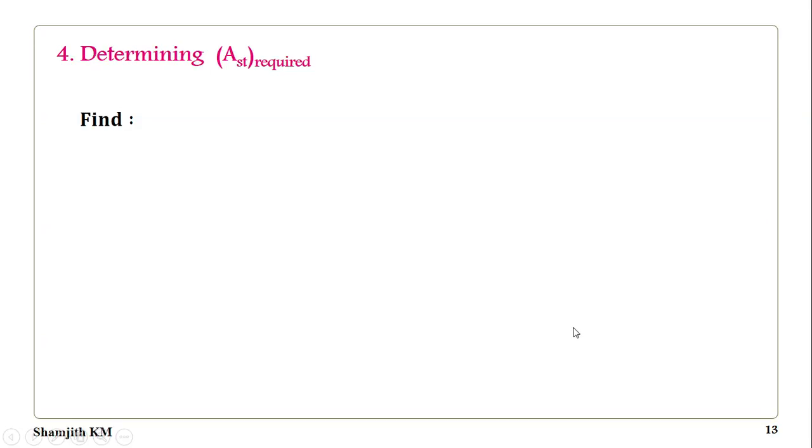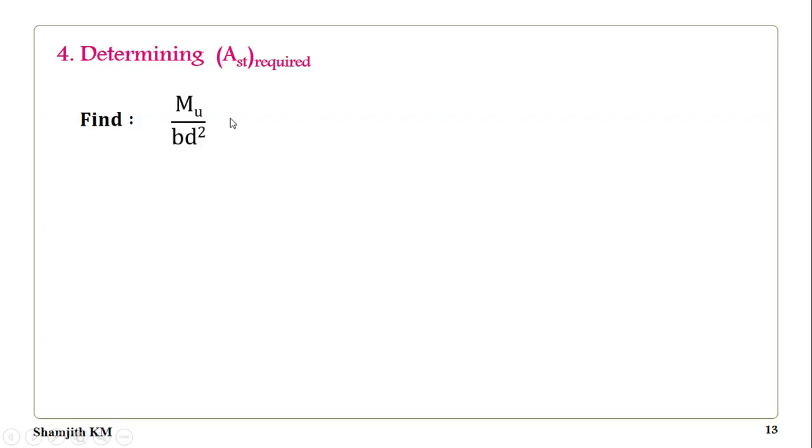After fixing small b, small d and capital D, we will be determining the area of steel required. For that we will be finding the term Mu divided by bd square.